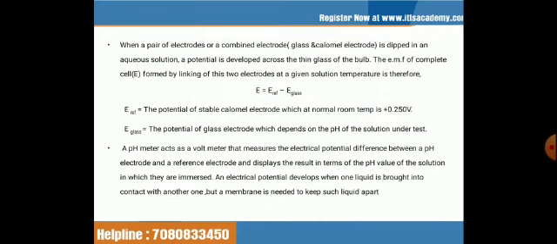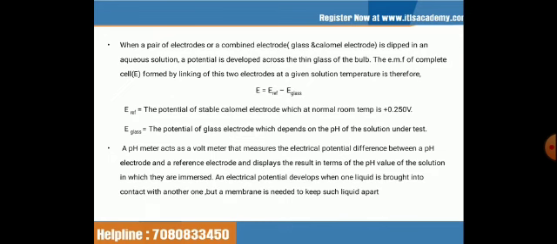When a pair of electrodes, or a combined electrode, is dipped in an aqueous solution, a potential is developed across the thin glass of the bulb. The EMF of the complete cell formed by linking these two electrodes at a given solution temperature is therefore EMF equals E reference minus E glass.